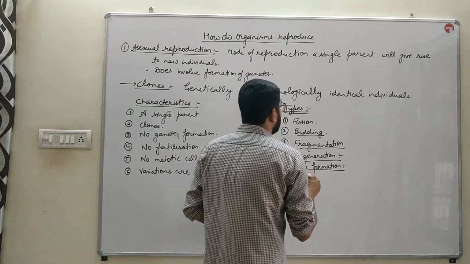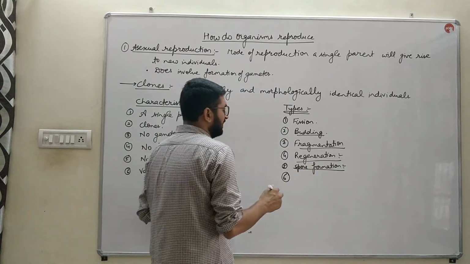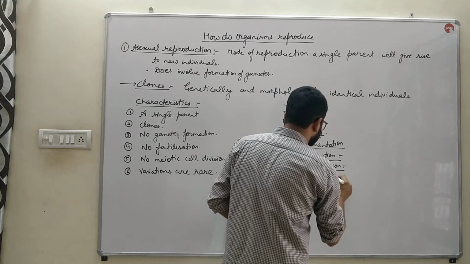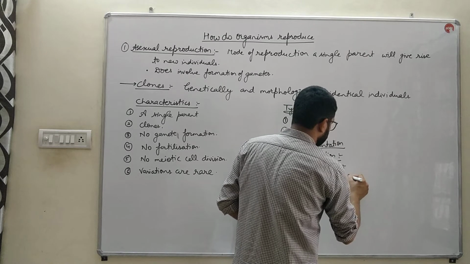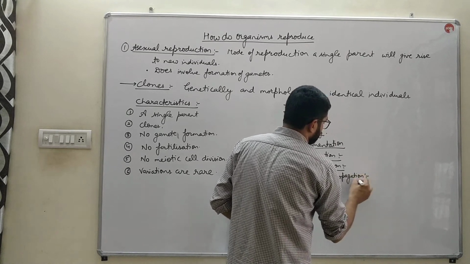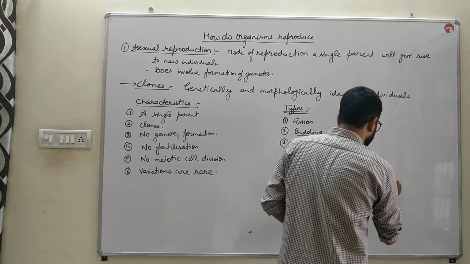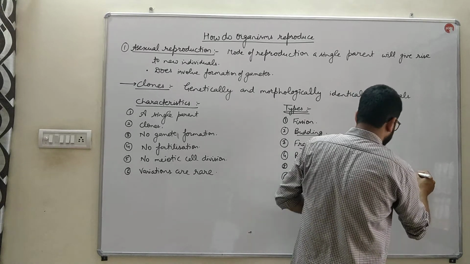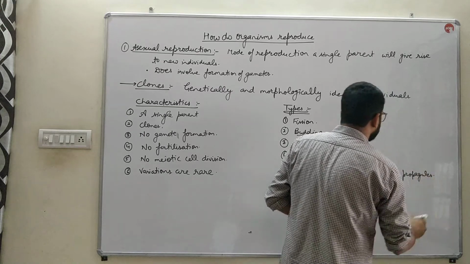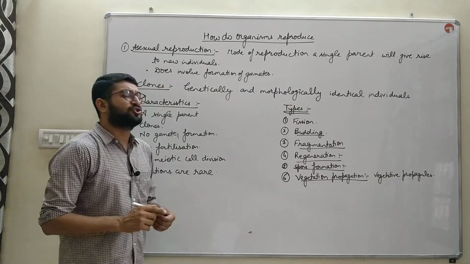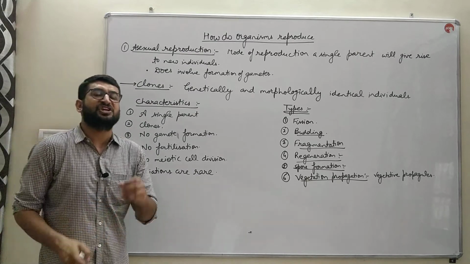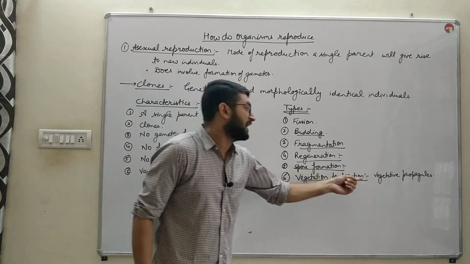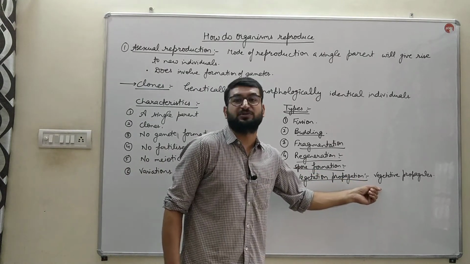Next we'll study the last one in this chapter, the mode of asexual reproduction in plants, that is vegetative propagation. For that we'll understand first the term vegetative propagules. The small units of a plant which have the capacity to give rise to a young one are known as vegetative propagules.